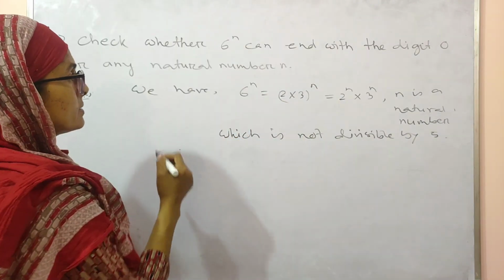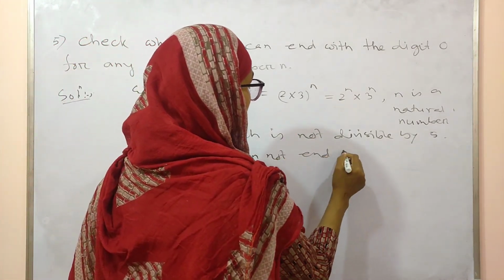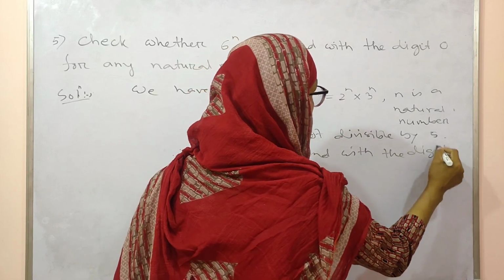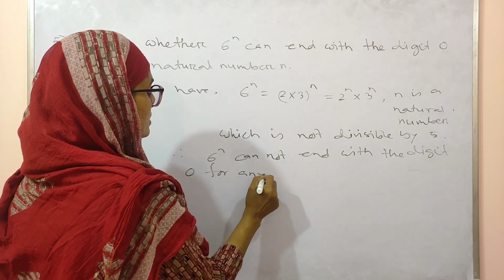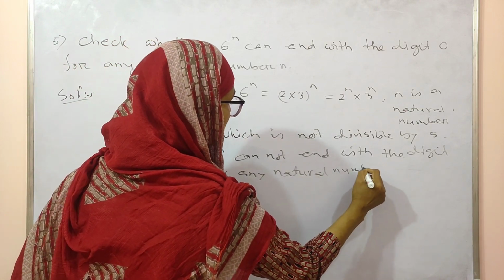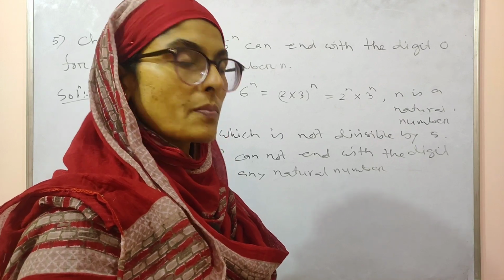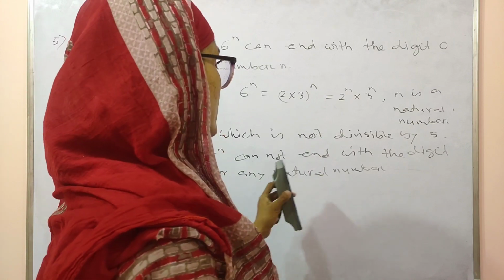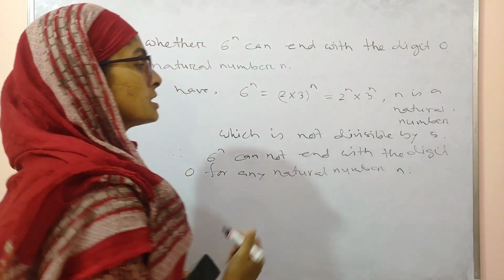Write down, therefore, 6 power n cannot end with the digit 0 for any natural number. This is the fundamental theorem of arithmetic, uniqueness of prime factorization. 6 power n cannot end with the digit 0 for any natural number n, because it is not divisible by 5.